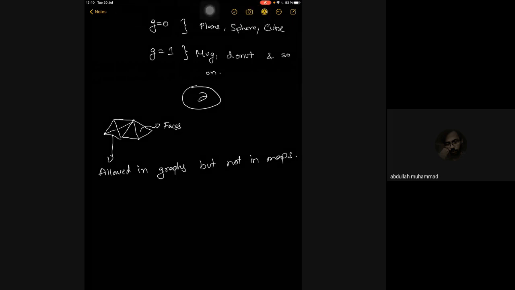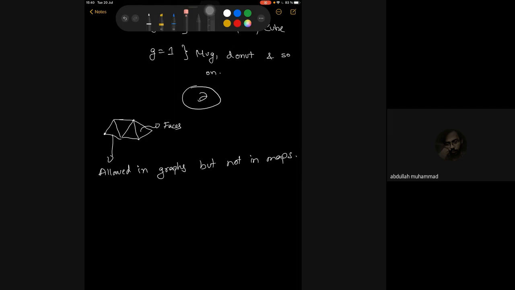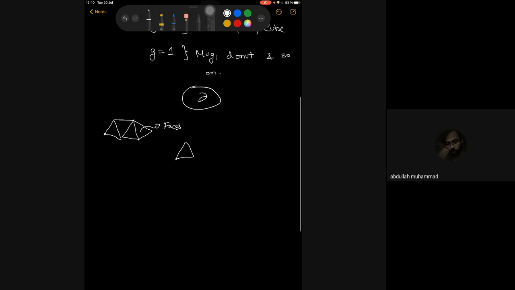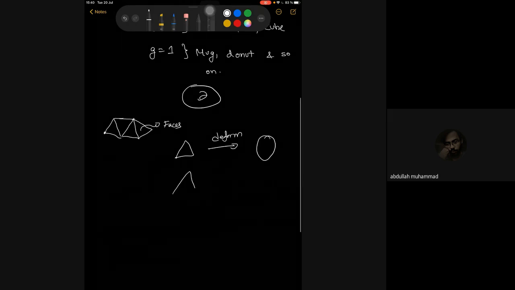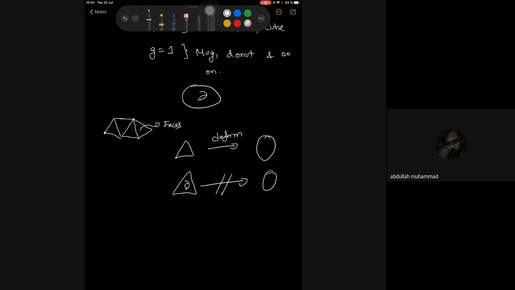So if we get rid of this, this is now a map, and you can deform it and make it into a disk. What you wouldn't be able to deform is if this had a hole or a genus, then it cannot be deformed into a disk like this.